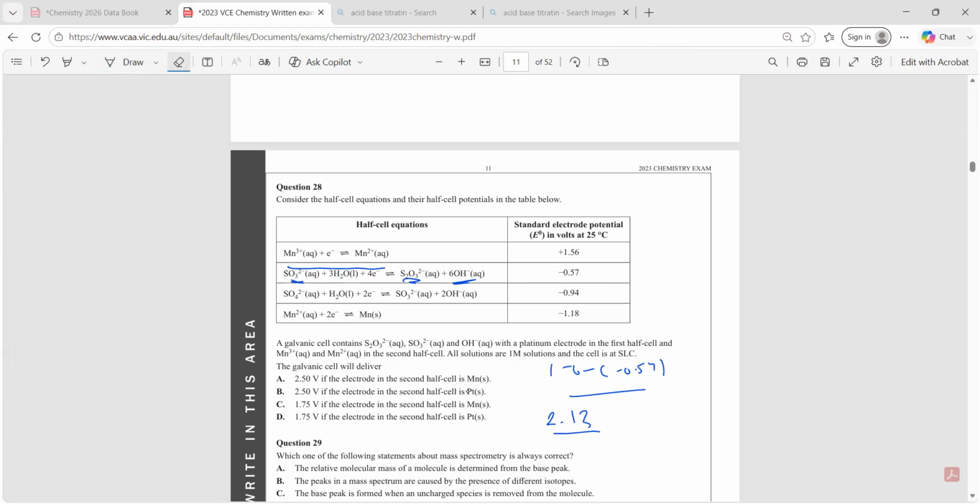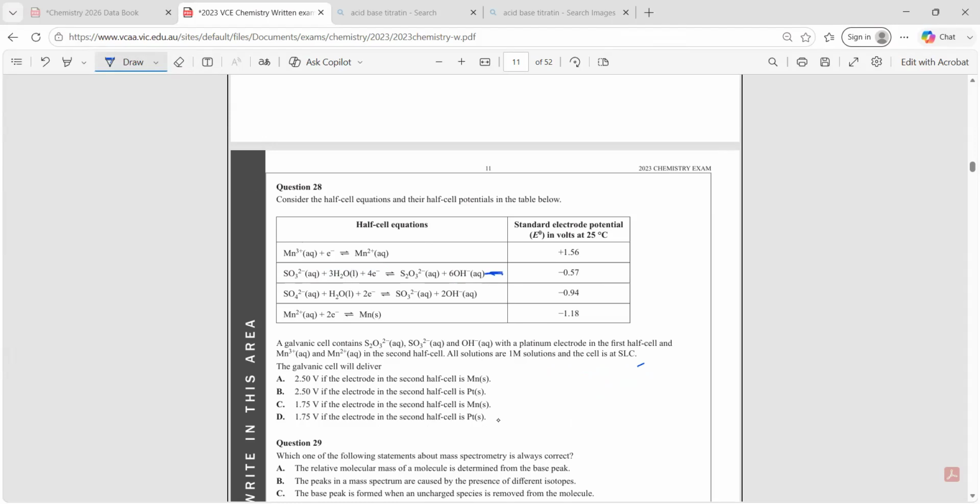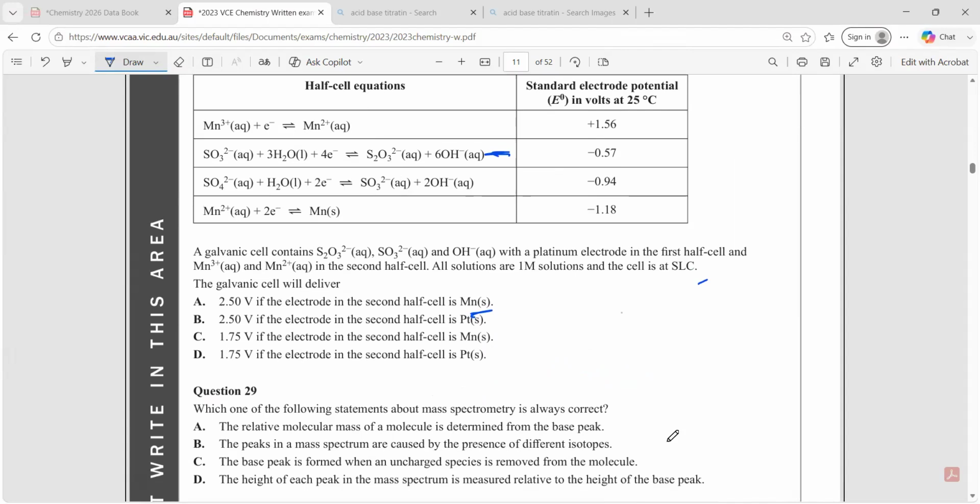Okay, so to think about this a bit more. So obviously we have this. Now, let's say, for example, we actually had manganese. If we had manganese here, then this reaction would occur.